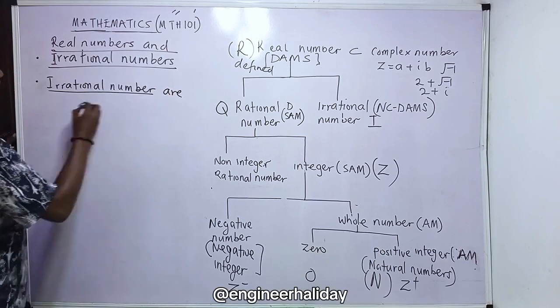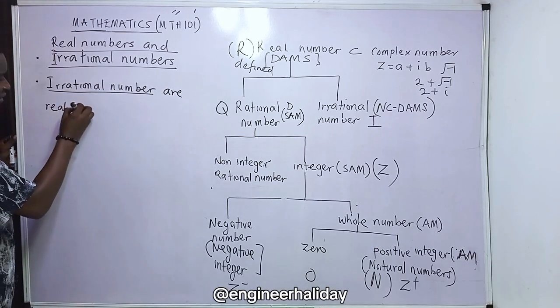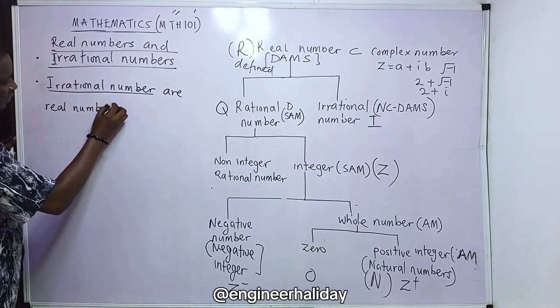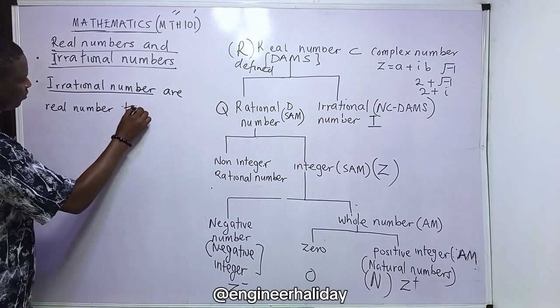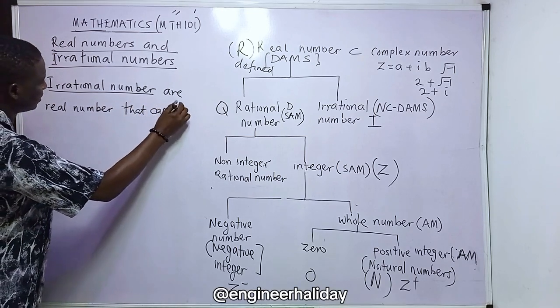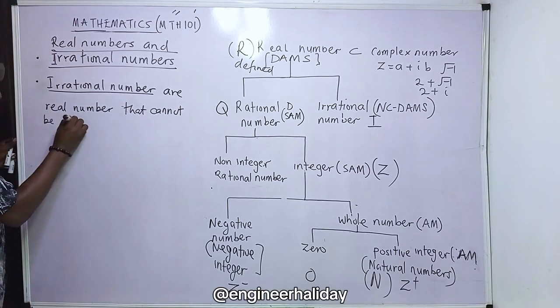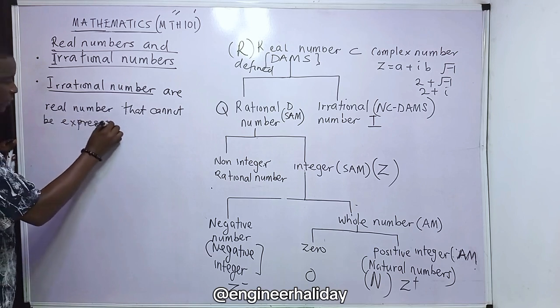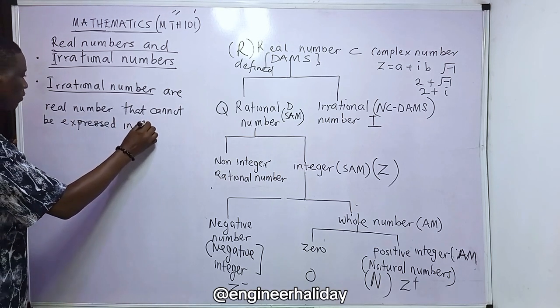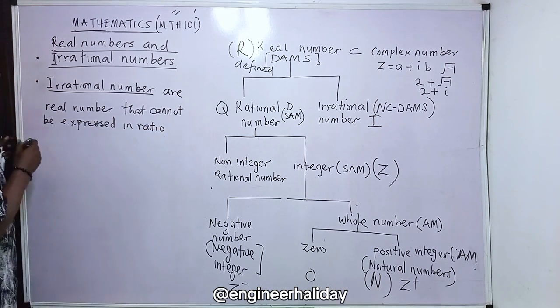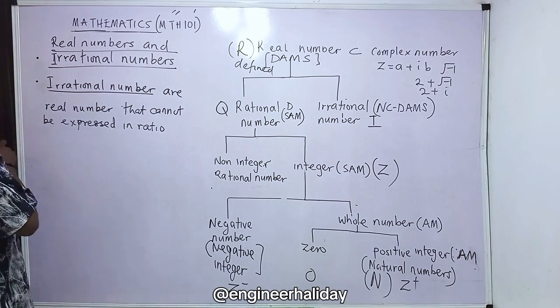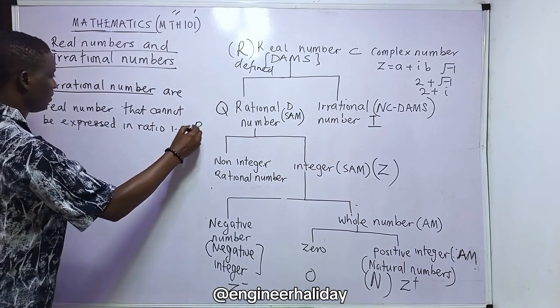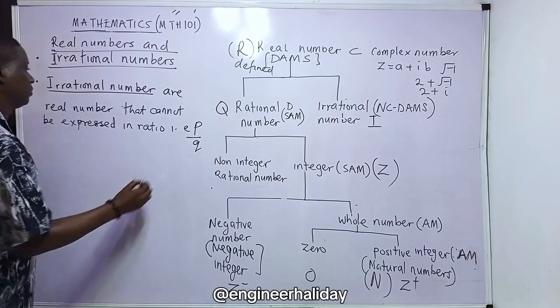Irrational numbers are real numbers that cannot be expressed in ratio, that is P over Q.